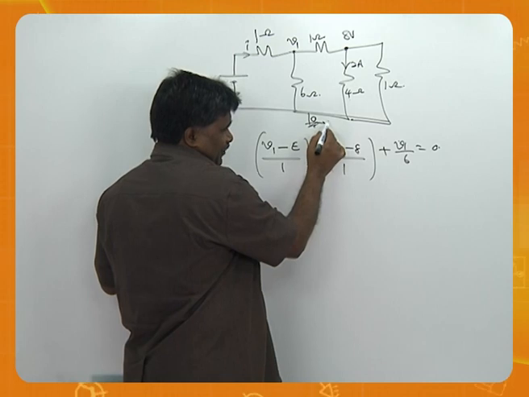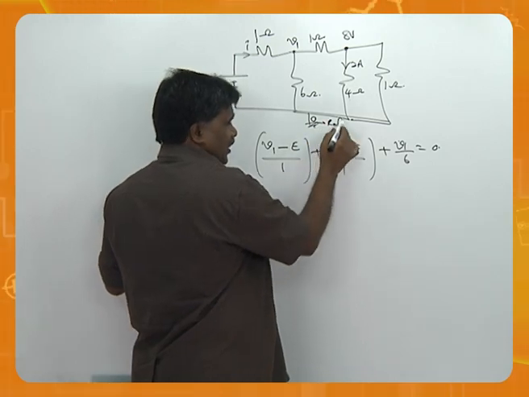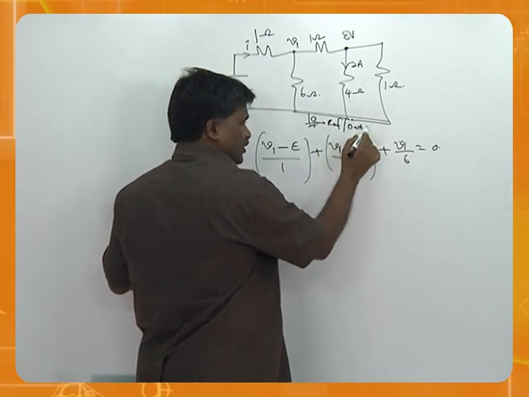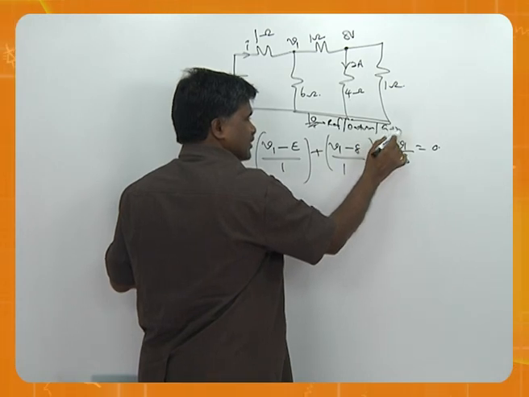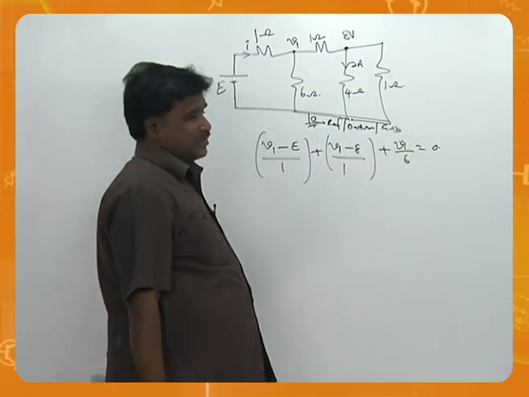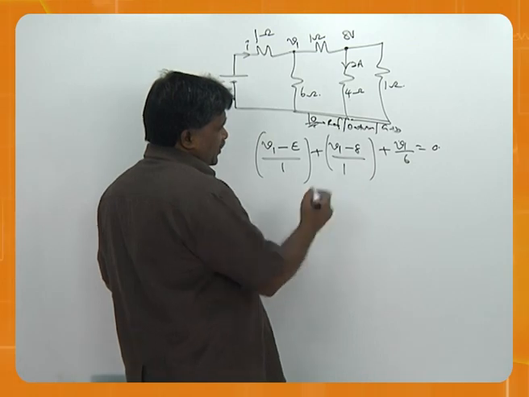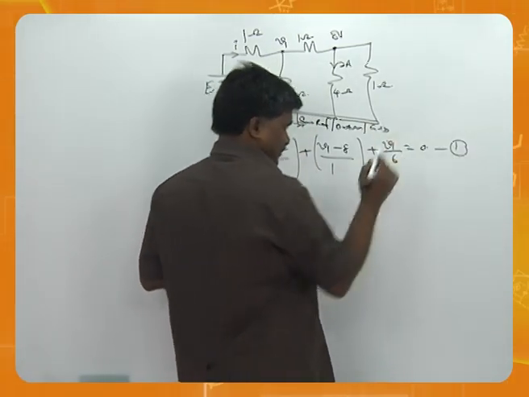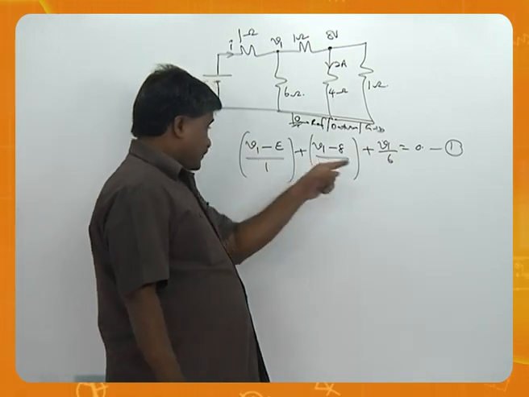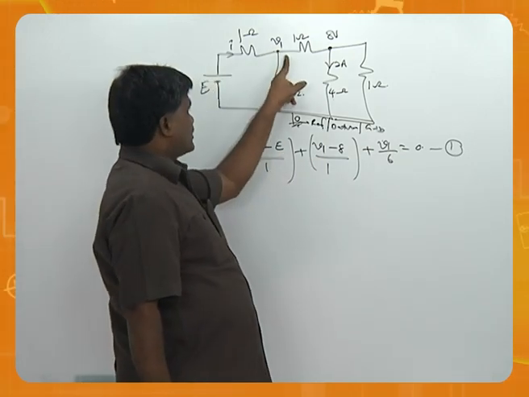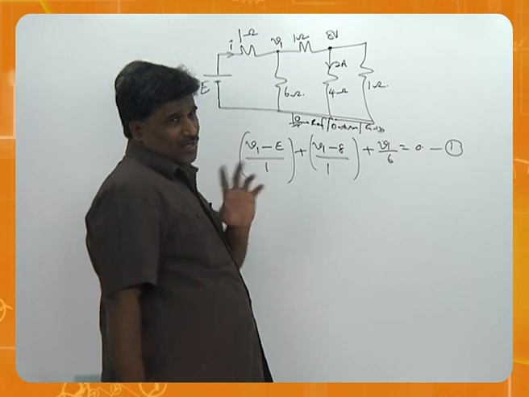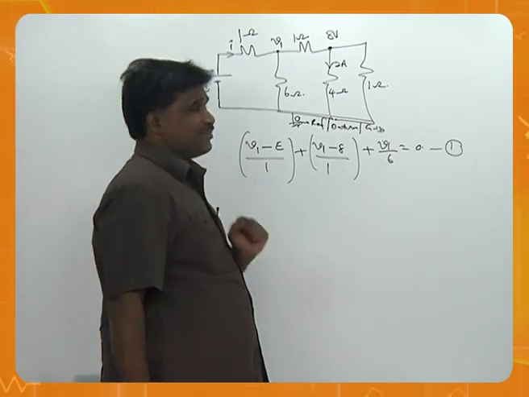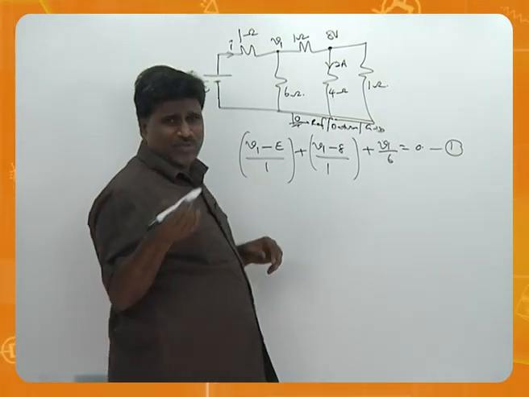This is called the reference voltage, or some people call it datum voltage, and it is taken as ground. Ground means neutral. In this first equation, you have two unknowns, this is unknown, this is unknown. We can't solve two unknowns in a single equation. That's why we are going to go for different currents.